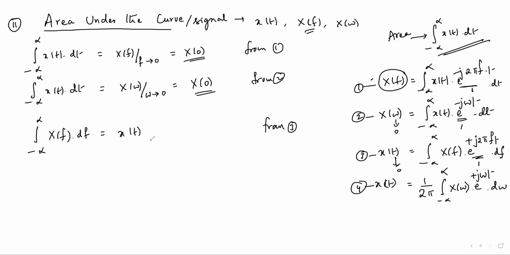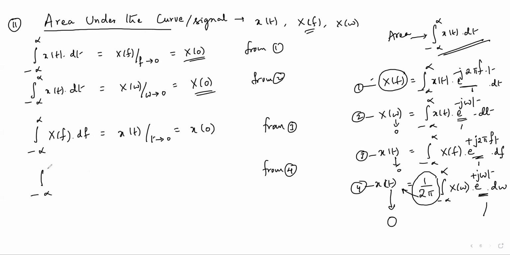So from the third expression, take t tending to 0, so that you will get small x of 0 equal to the integration of capital X of f df, which is the area under the x of f signal. Similarly, from the fourth one, observe what x of 0 is here: 1 by 2 pi times the area under the x of omega signal. This exponential will be 1 if you take t value 0, but here 1 by 2 pi is there. So take 2 pi to this side.